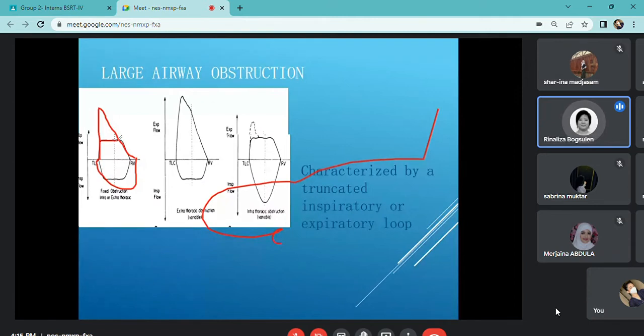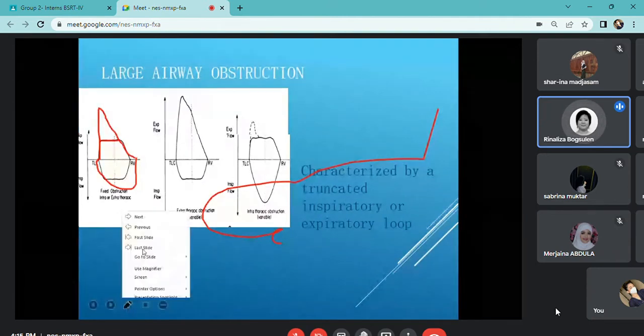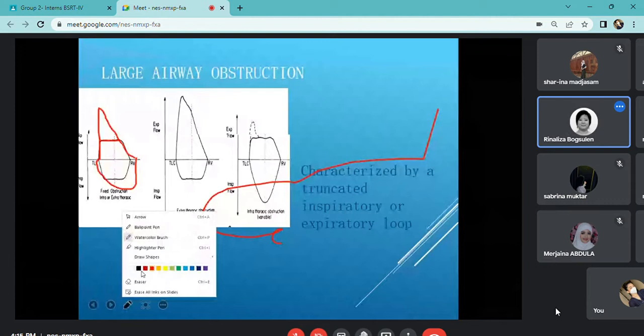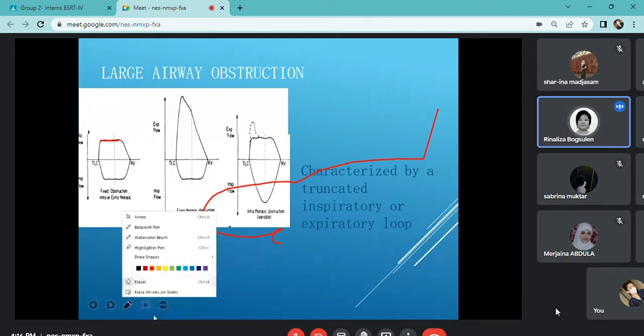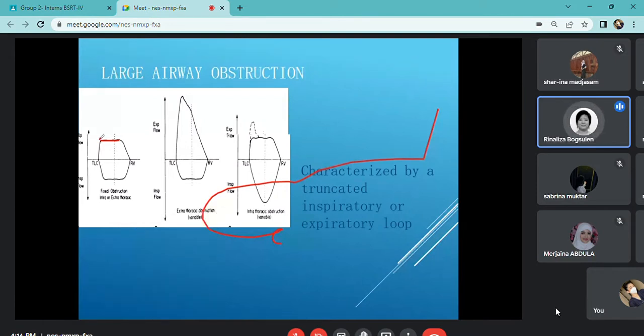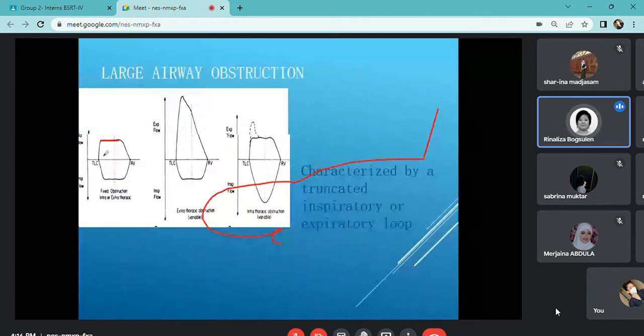Nawala ito, na-erase siya. You can see there is flattening, flattening also of your PIF, I should say. If you see that one, then that is indicative of a fixed airway obstruction. Pag ganyan ang nakita nyo at ipapa-identify sa inyo, you choose fixed airway obstruction.